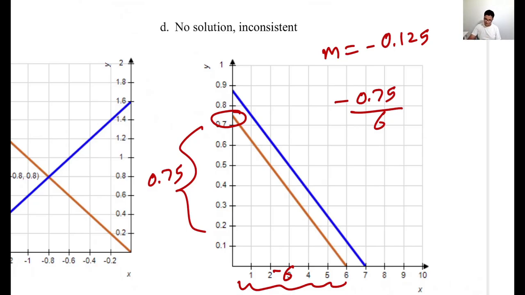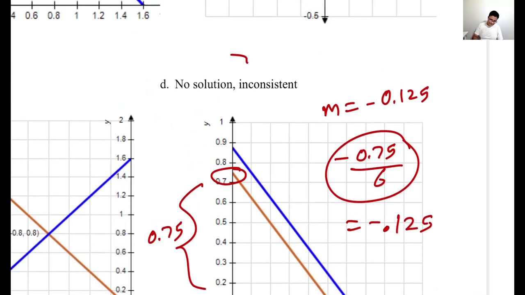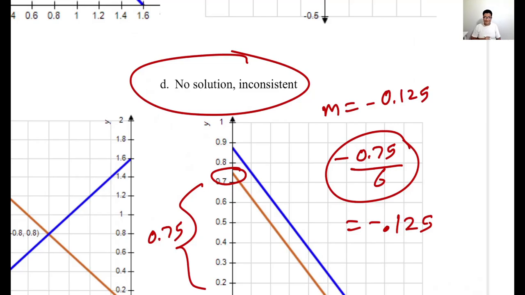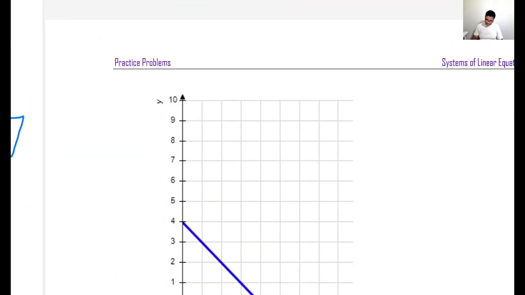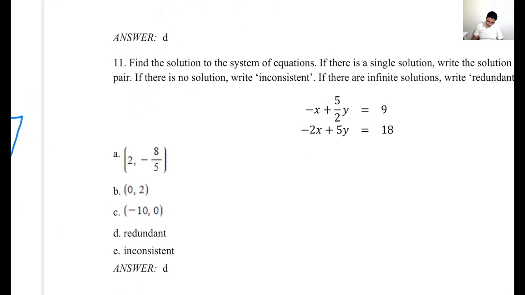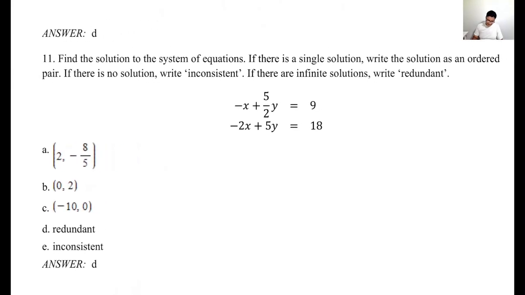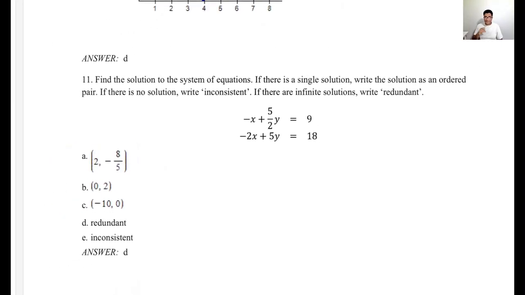Hence, now when you divide, you can check that it is negative 0.125. So that checks out. Your answer is parallel but also matching with the given data. There were more options given, but you understand. That's one more for you to practice.